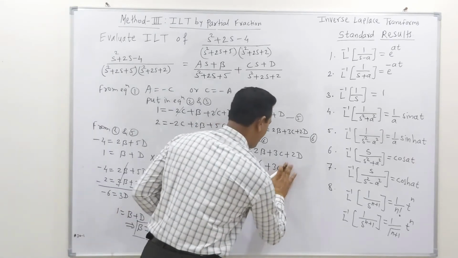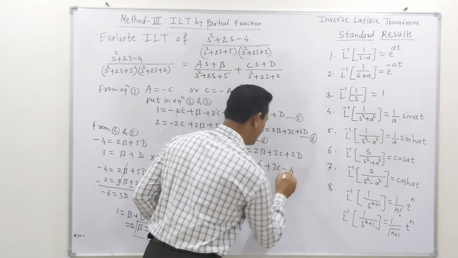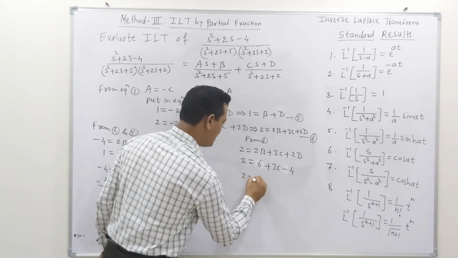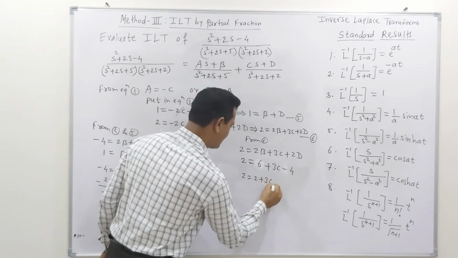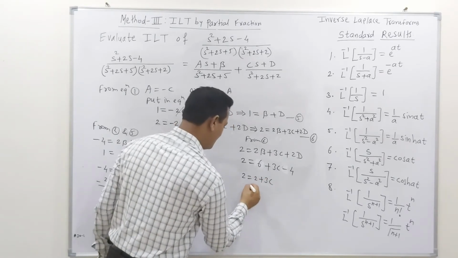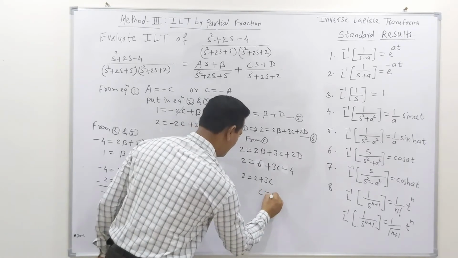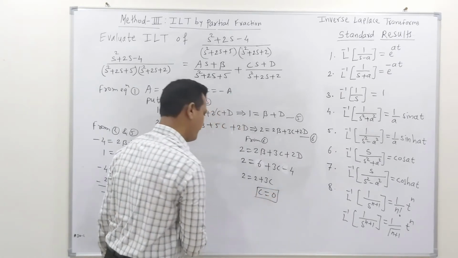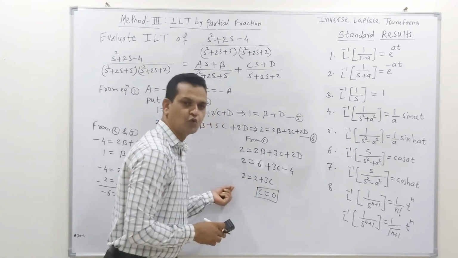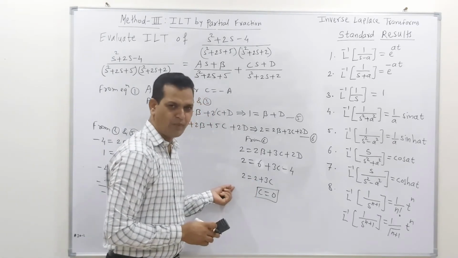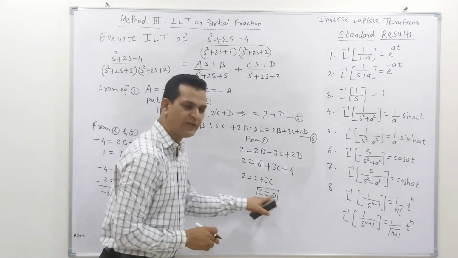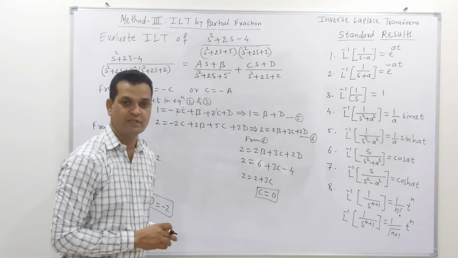So we get 2 is equal to 2 plus 3c. After taking 2 to this side, we get 2 minus 2 is 0. So 0 upon 3 is 0. So we get the third constant value c as 0.